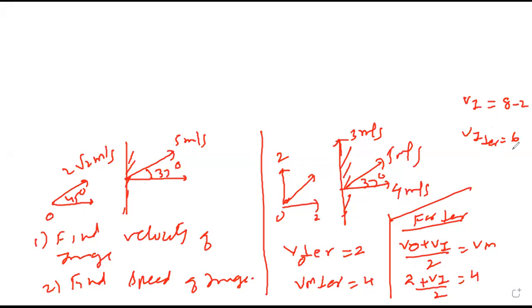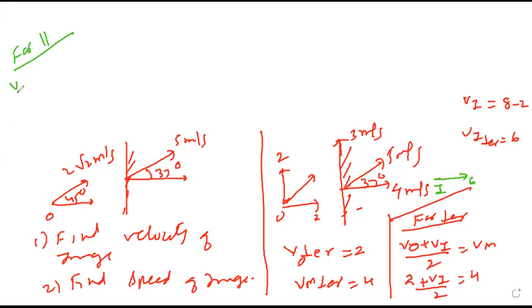Okay, we got the answer. That means image is also moving like this, towards right by 6. Now for parallel, let us see.